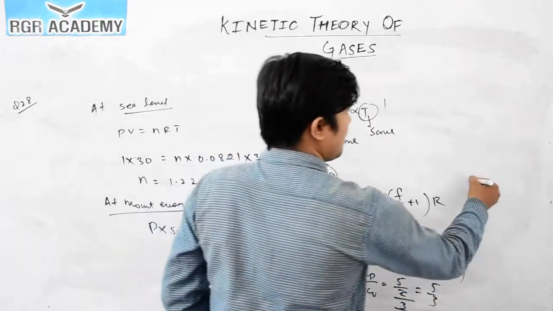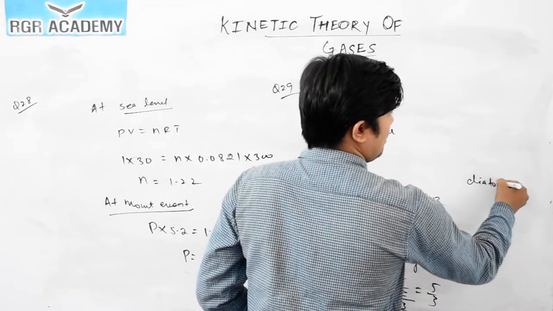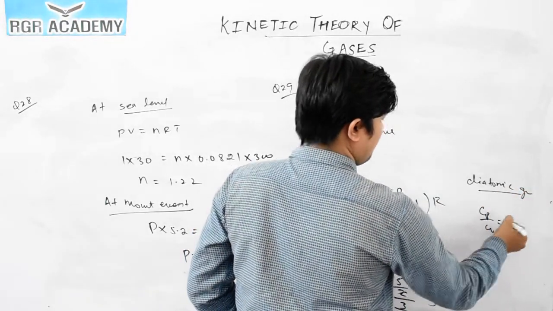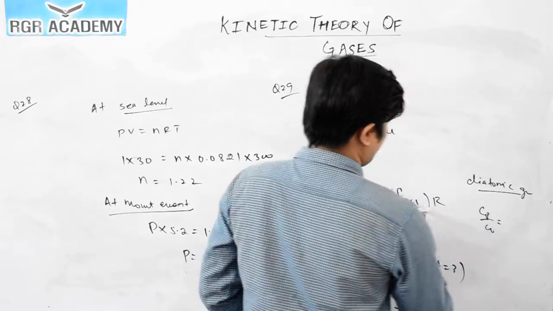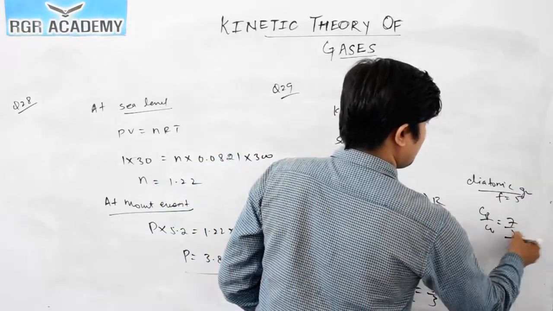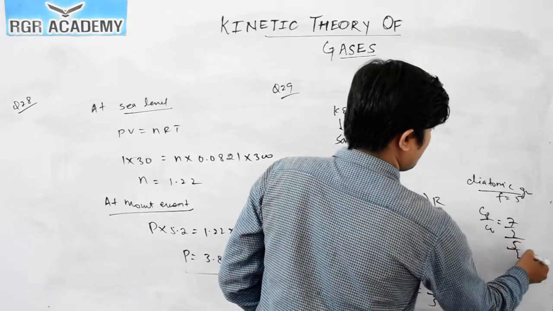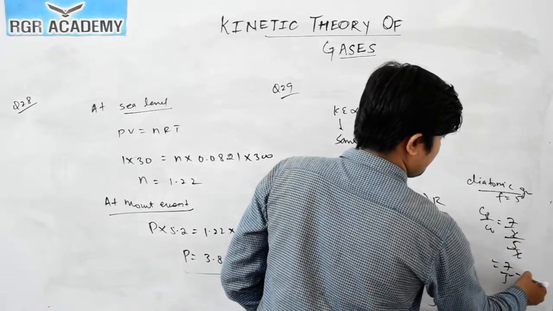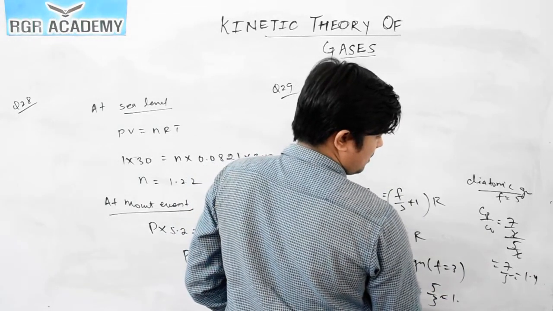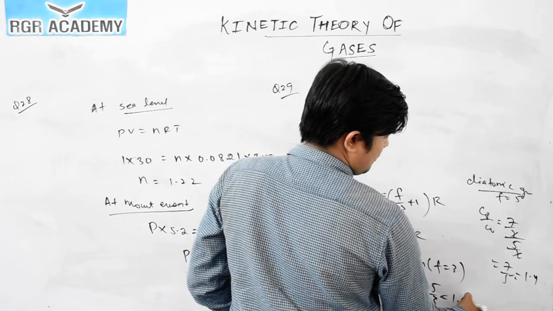For diatomic gas, similarly we can calculate Cp by Cv. For diatomic gas F will be equal to 5. So it will be 7 by 2 divided by 5 by 2. So it will be 7 by 5, that means 1.4, and this is 1.6.